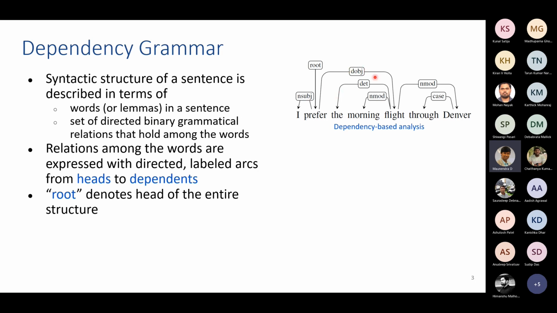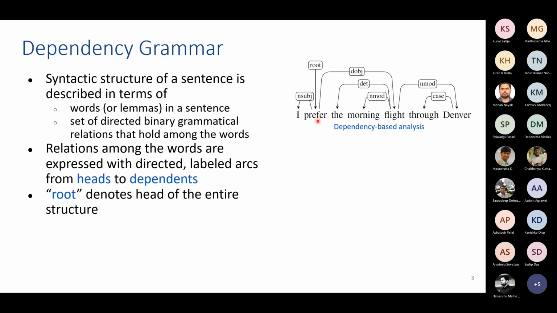So essentially, it captures grammatical relations among the words. And relations among the words are expressed with directed and labeled arcs, same as this one. And root denotes the head of the entire structure. So root is the head of the entire structure, and the verb typically will be the root of the dependency structure.